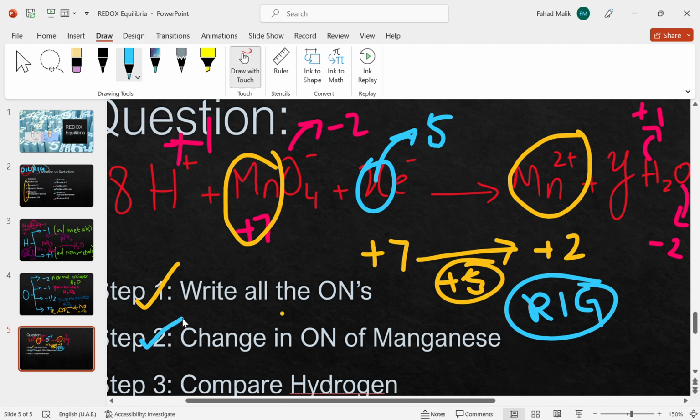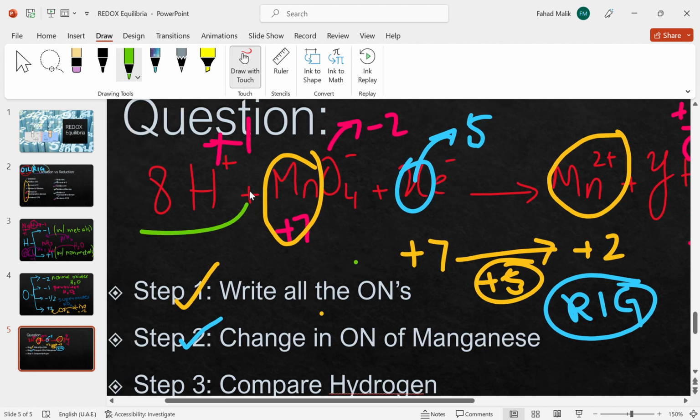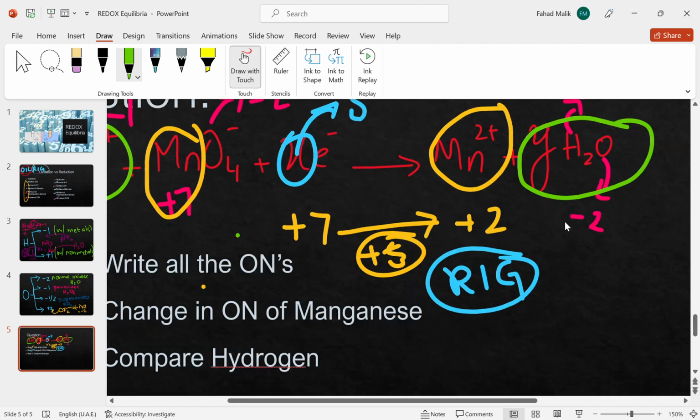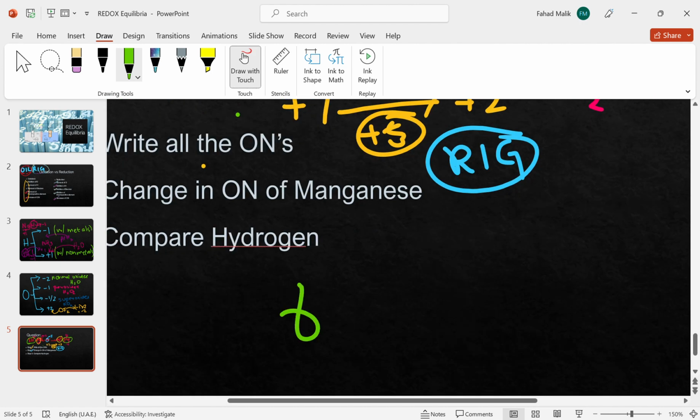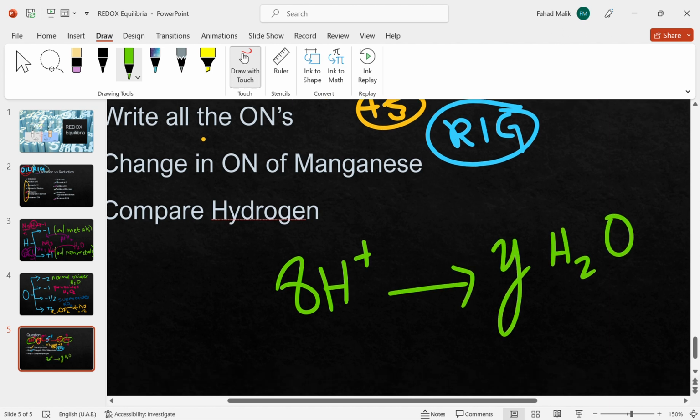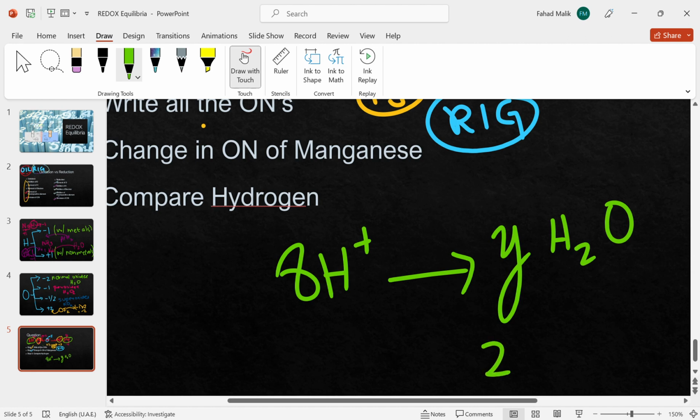Now step 3 is to compare hydrogen. Let's quickly compare hydrogen. Here you have 8 hydrogen ions, and here you have Y number of water molecules. So 8 H+, and now you have Y H2O. So basically you have 2 H+ in each, right? This is 2 H+.